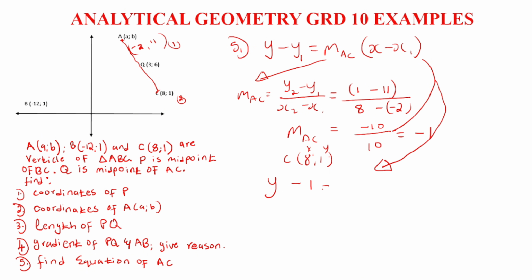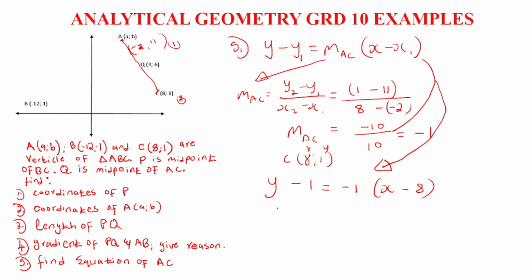So it's going to be y minus 1 is equal to minus 1 times x minus 8.